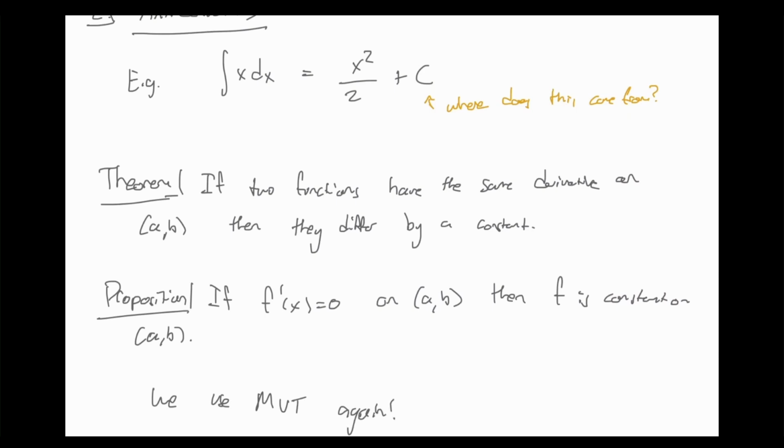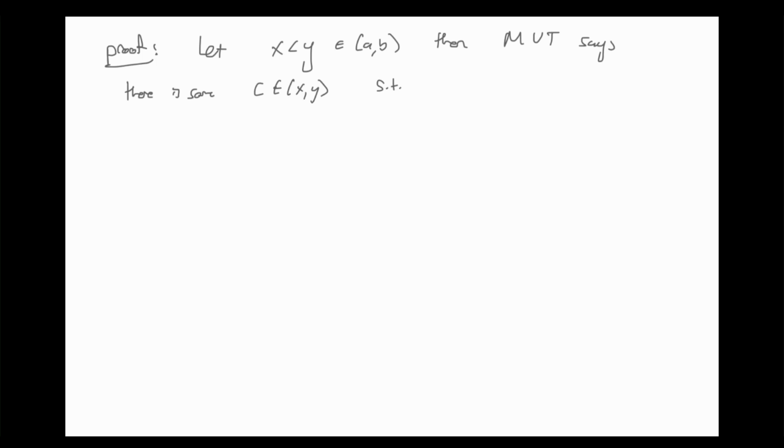But again, our mean value theorem will help us. So let's see if we can prove this. Again, I want to fix x less than y in a to b, arbitrary. Then the mean value theorem says that there is some c in between x and y such that f of y minus f of x is f prime of c times y minus x. So same setup that we've seen a couple times already.